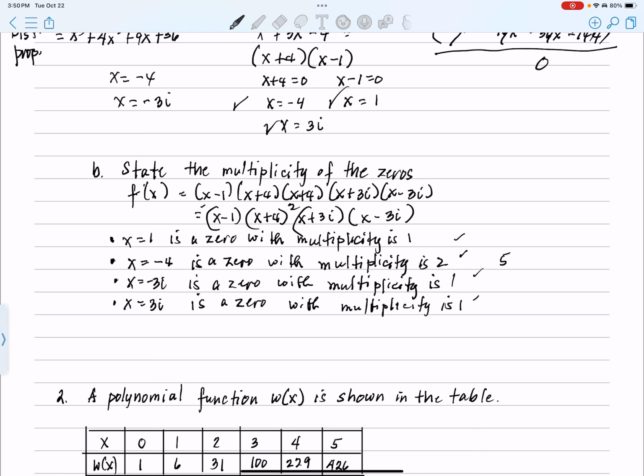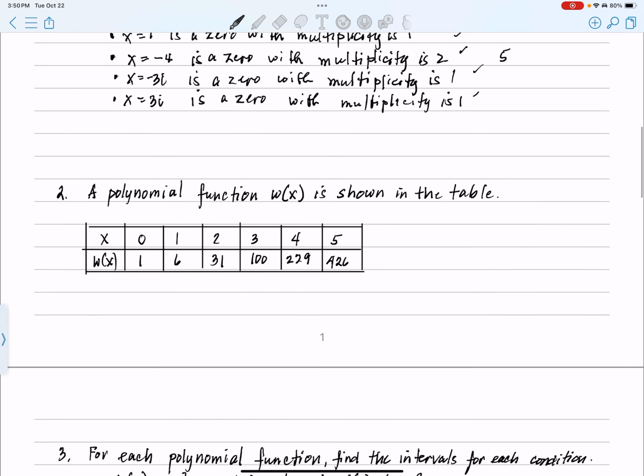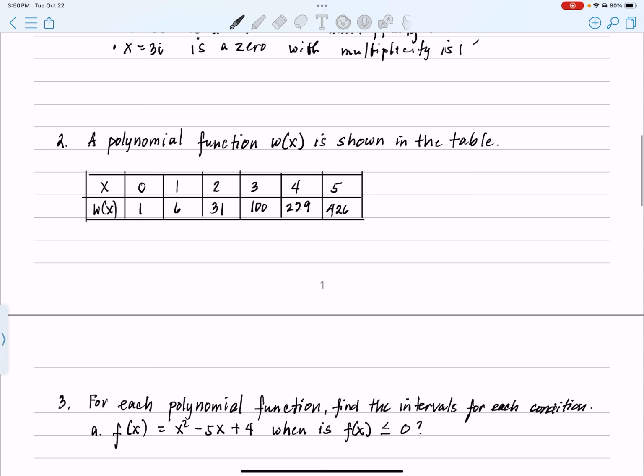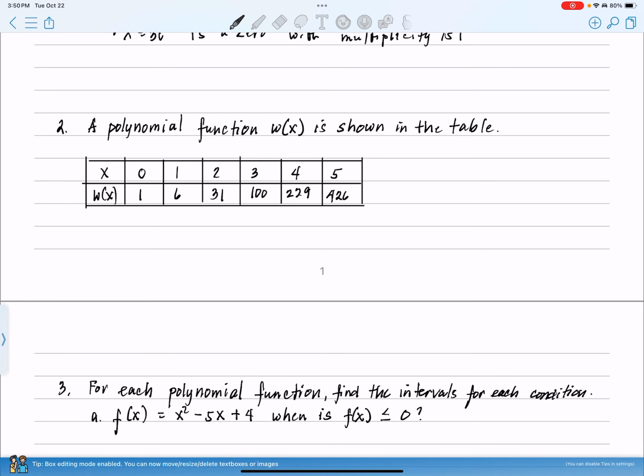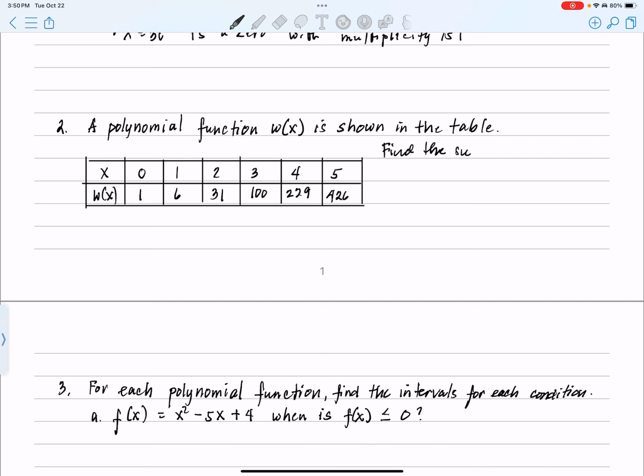Okay. Let's have problem number 2. A polynomial function w(x) is shown in the table. Find the successive differences. Okay, I didn't write the question. Find the successive differences.